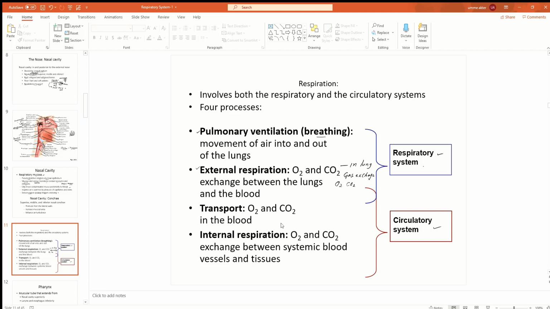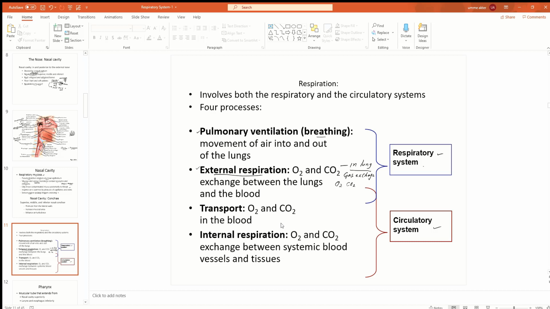If you know one, you can answer the other. Why does blood go to the lung? To get the oxygen. So from the lung, oxygen enters the blood, and carbon dioxide goes from the blood to the lung, the opposite direction. That is the gas exchange inside the lung, and that is called external respiration. It occurs inside the lung.